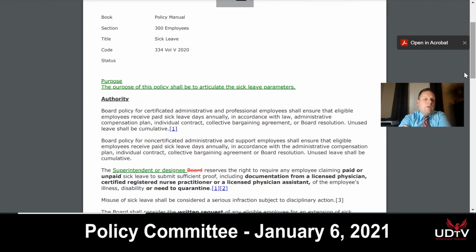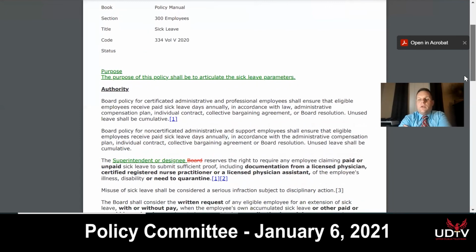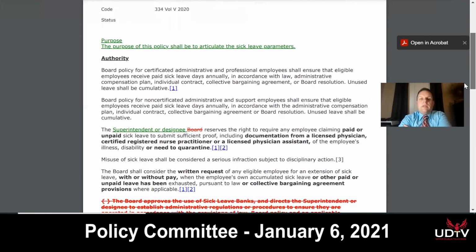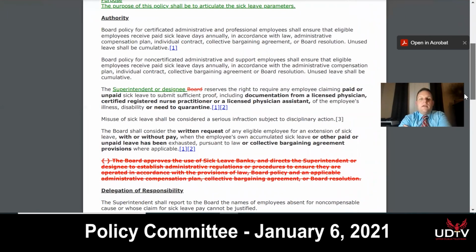There's also language that has been added for quarantine purposes. You'll see over the next couple of months, as a result of the pandemic, there will be times that we need to add some language to reflect that. Moving forward, we'll start to see that outside of policy as well. There will need to be collective bargaining agreement language and individual contract language about quarantine as well. But that language has been added here.